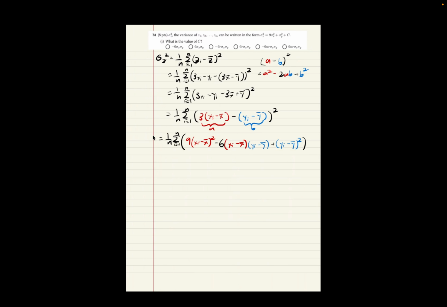Well, let's start by breaking apart the sum and see if we can get anything from that by trying to relate it back to the original definition for the variance of z.